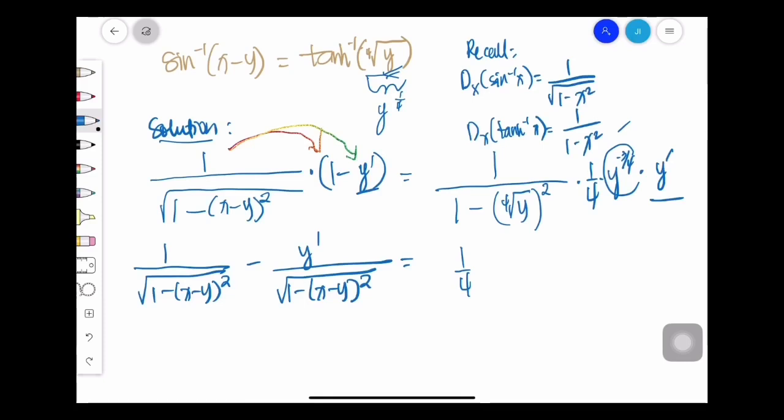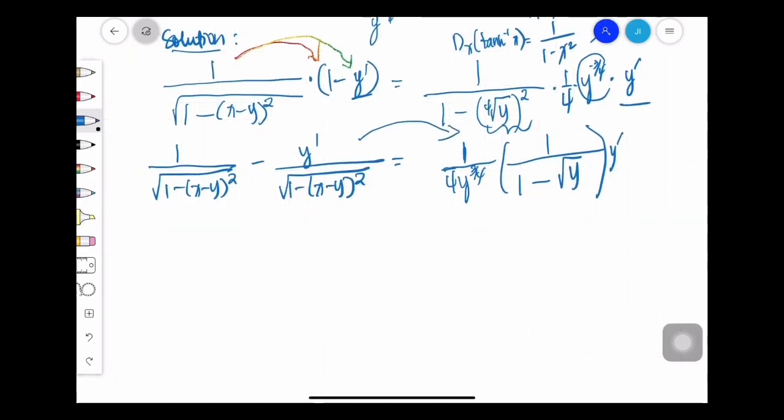We have 1/4 y raised to positive 3/4. Will that be okay? And then, multiplied with 1 over 1 minus. Since this is just an easy thing to simplify, this is just the square root of y. So, we can simplify, times y prime. Okay? And now, we're almost done.